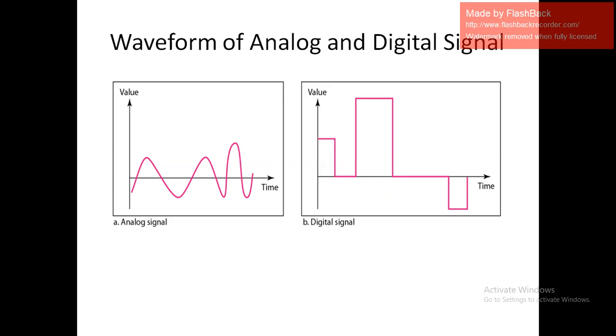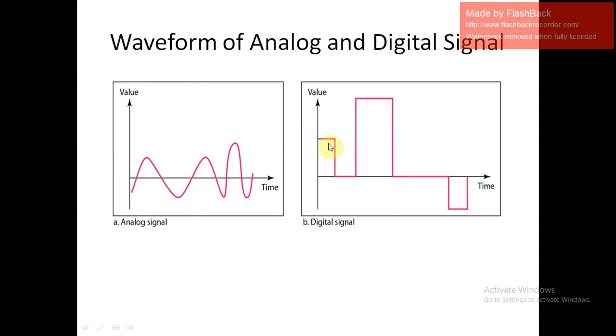From the definition we know that in case of analog signal, the amplitude is varied with respect to time. We can see here the amplitude is varied with respect to time in case of analog signal, and in case of digital signal the amplitude is also varied with respect to time, but up to certain levels.